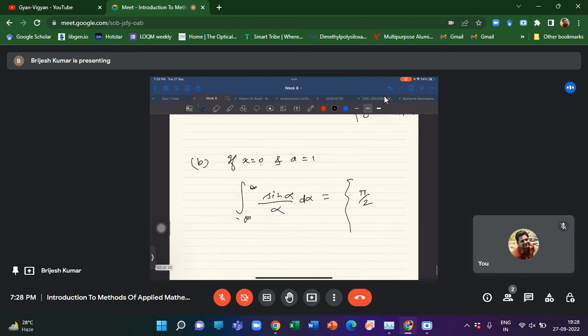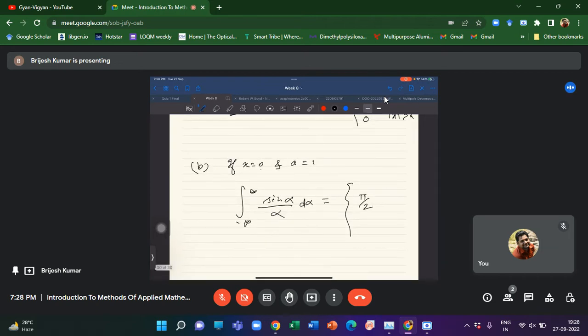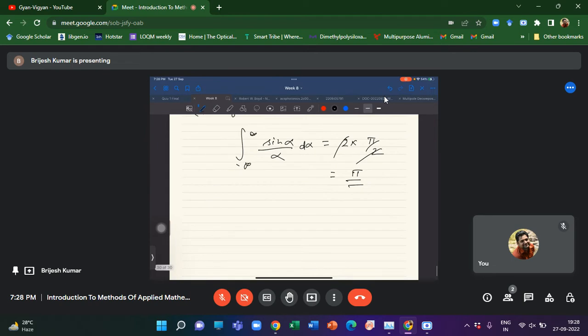And since this integration is given, it will convert into pi by 2, so this will cancel out and will be pi. Okay.